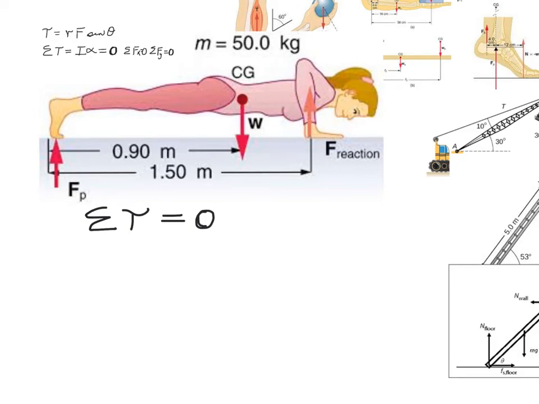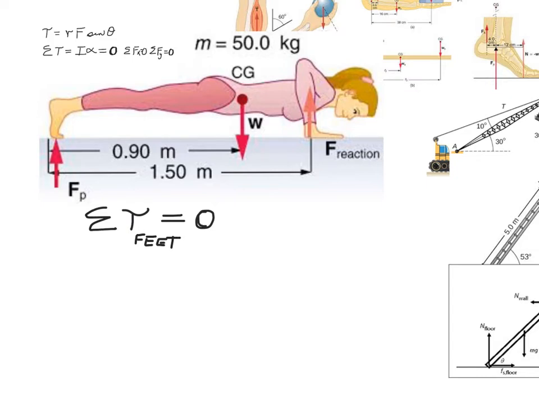So once again, notice what I'm doing. I'm choosing the axis. And you can do this. The axis that I've chosen are the feet. So I'm going to calculate the torques about the feet.